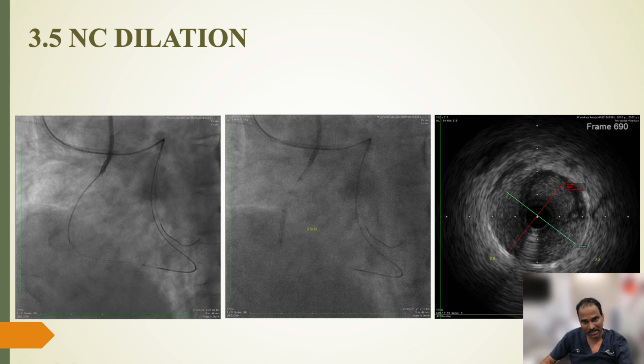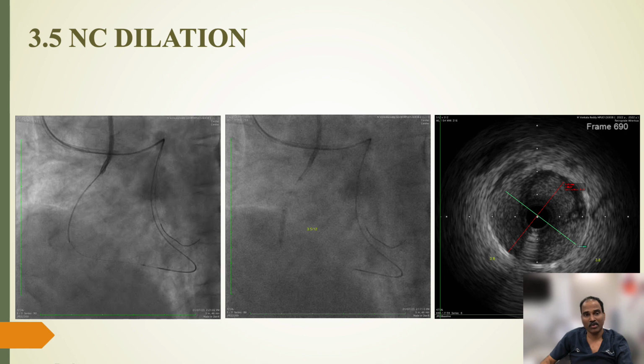Here the size is 3.8, even taking IMH into consideration. I don't want to take a 3.5 cutting balloon, that might complicate it further. Already an injured vessel, the chance of perforation will be a bit higher.